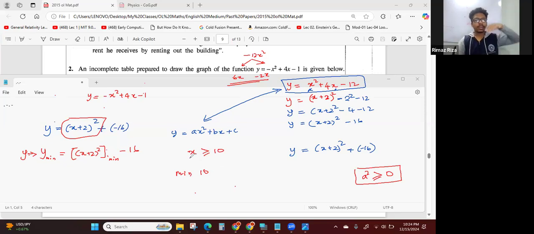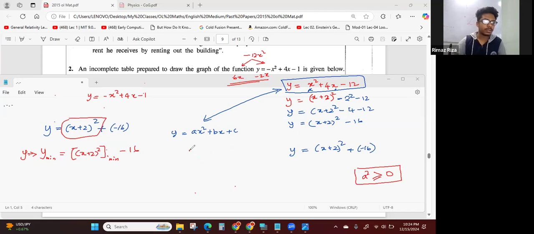Because x is greater than or equal to 10, 10 is the minimum value. You can't go less than 10, and there is no upper bound. You can go all the way up to plus infinity. But here, 10 is the minimum value. So you can write min equals 10.